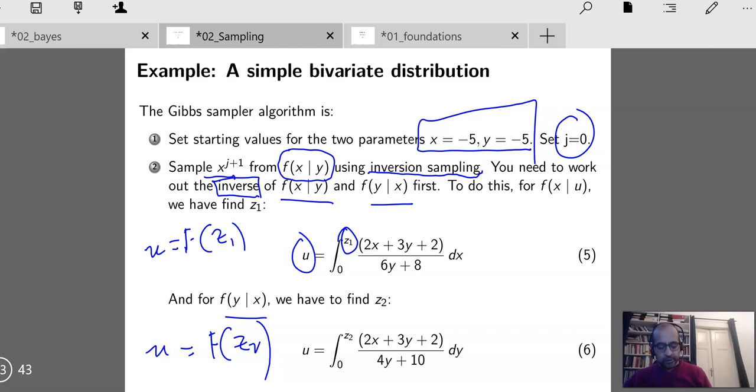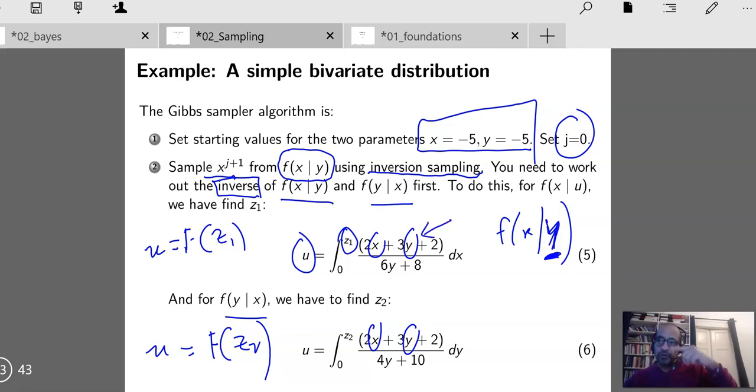Okay, so in each case you'll notice that there are two variables involved here, right? So when you're using the CDF of x given y, which value of y are you going to plug in here? You're going to plug in the value from the 0th step, the one that you randomly generated here.